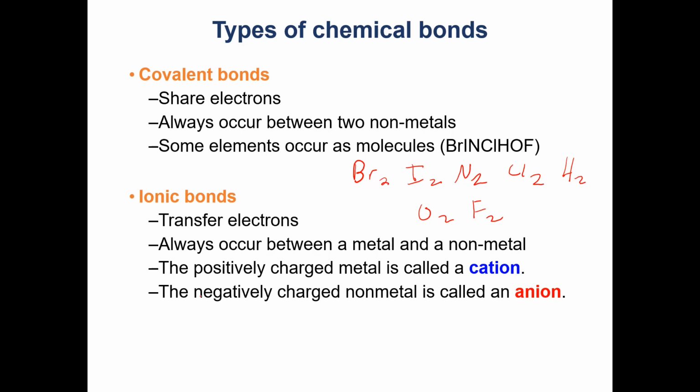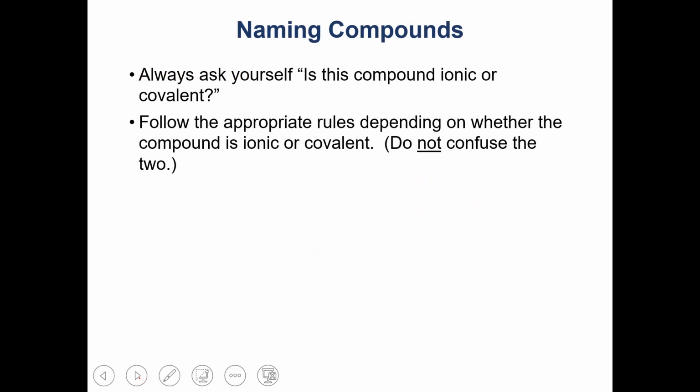So if you want to use a little bit of word association to help you remember this, the negatively charged nonmetal is the anion. That's the one that has the extra N in it. So, when we're going to name a compound, the first thing we need to determine is whether it is ionic or covalent.